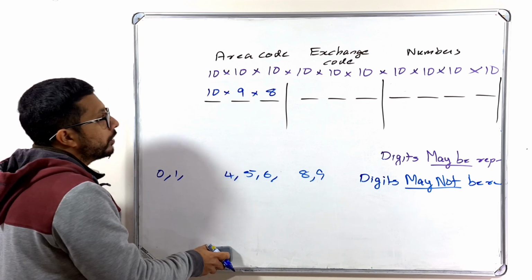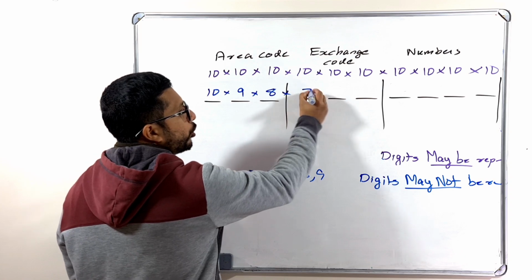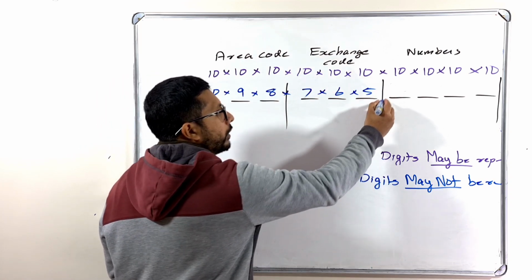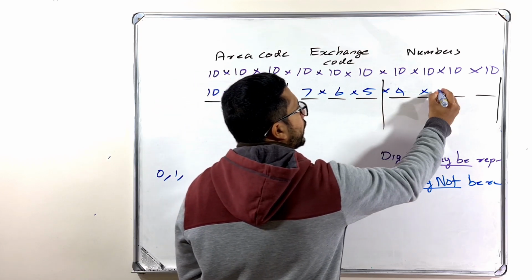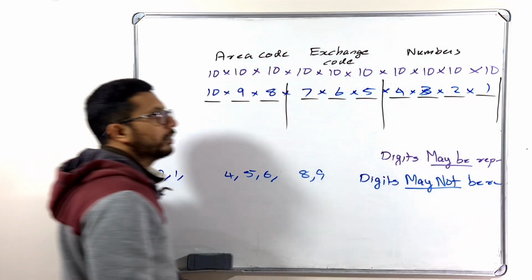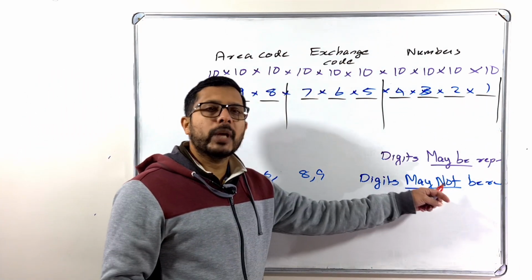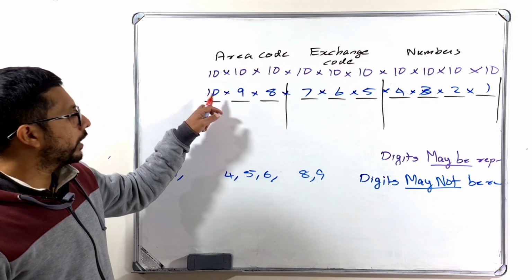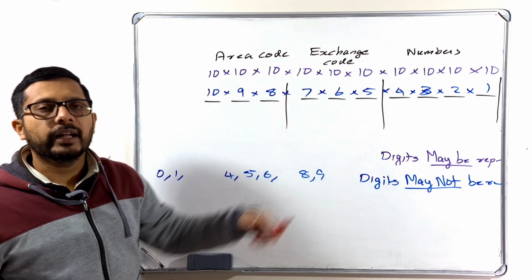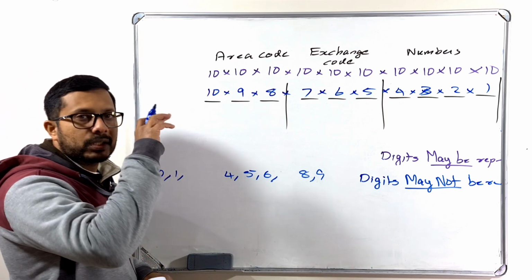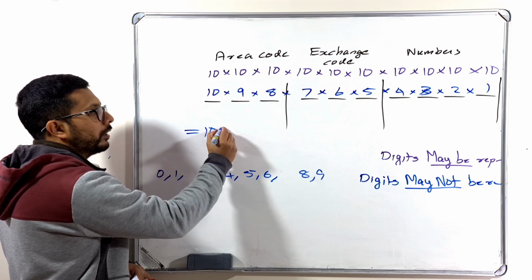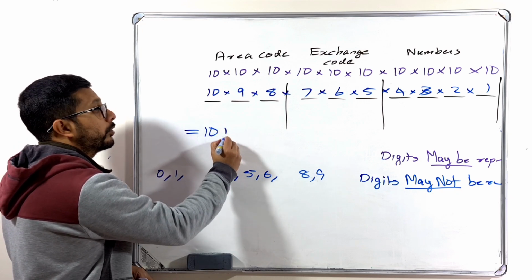Once you take the number, you are not allowed to take that one again. You understand? So like that, for the next one, how many options? 7 options. Next one, 6, then 5, then 4, then 3, then 2, then 1. That means if the question is digits may not be repeated, then the options are 10 times 9 times 8 times 7 times, etc., up to 1. In the probability section, in the first lesson, I told you that when you write it like this, that is the same as 10 factorial.